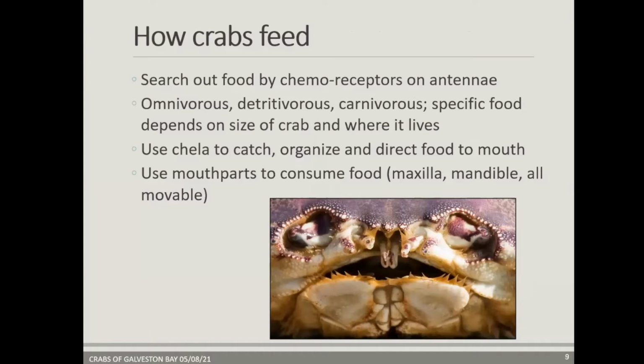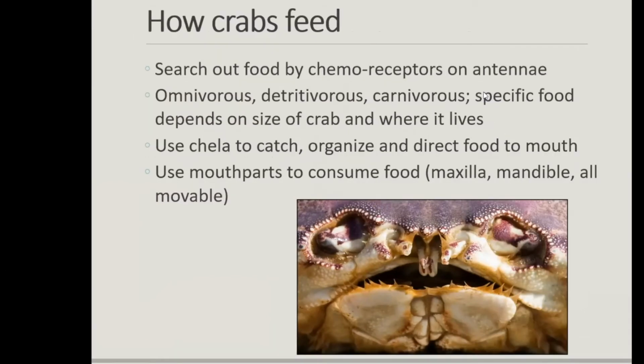So the way they feed is really fascinating. They search out their food. They have chemoreceptors on those long antennae, and they're basically moving their antennae around all the time, picking up food molecules from the sediment and the water around them. Most of them are omnivorous, which means they'll eat anything.